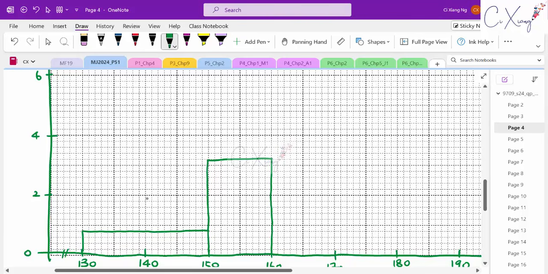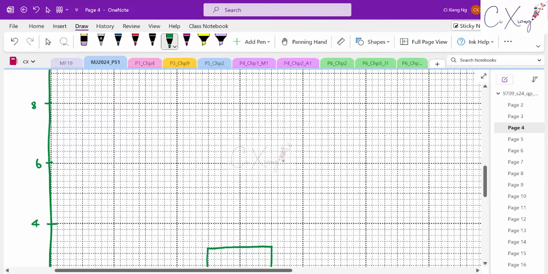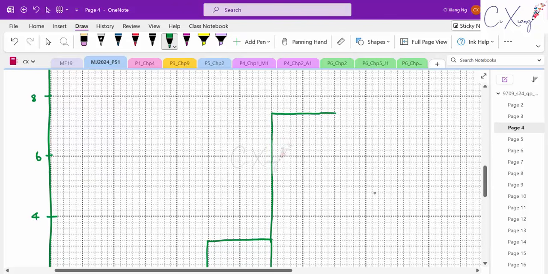Okay, then for the third bar, the height should be 7.6. So have a look at your own calculation just now, yeah? So 7.6 will be somewhere here. And then the width is 10 units also, so I think it should be until 170.